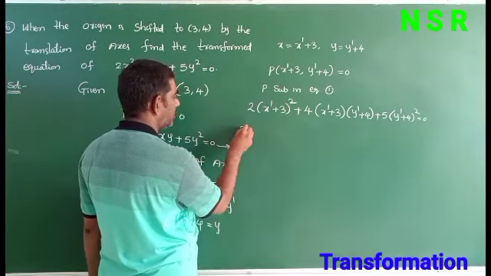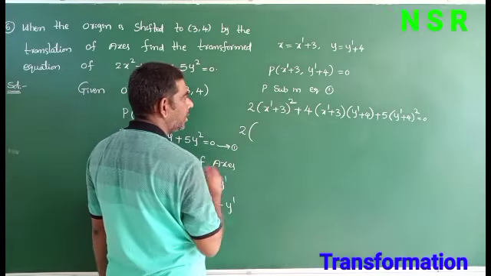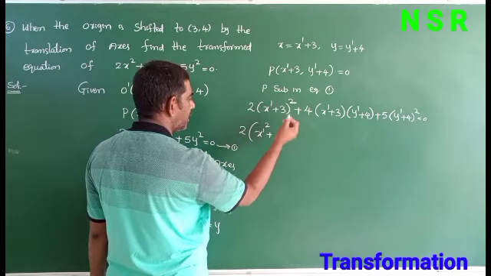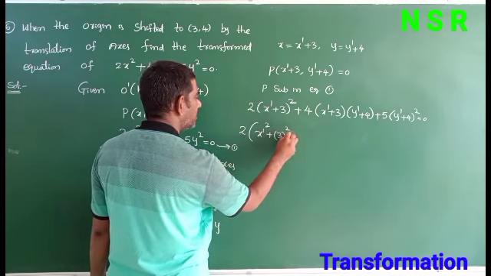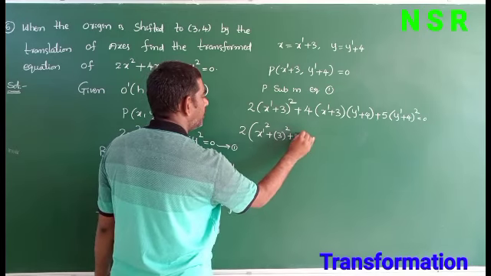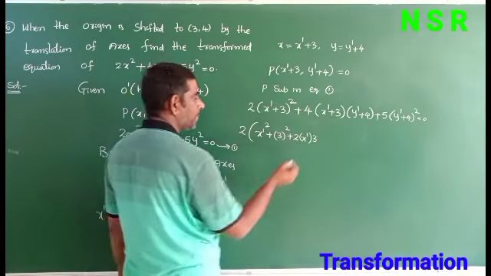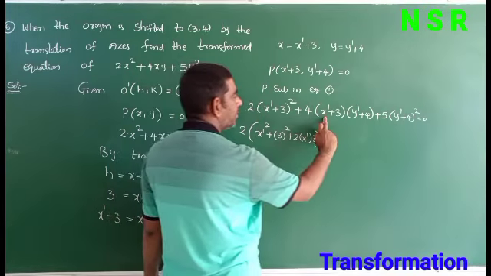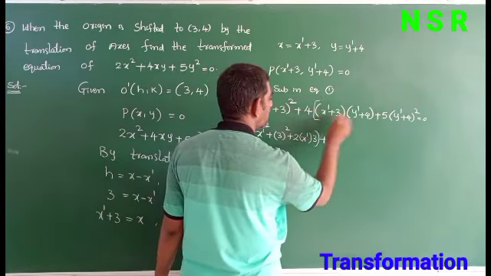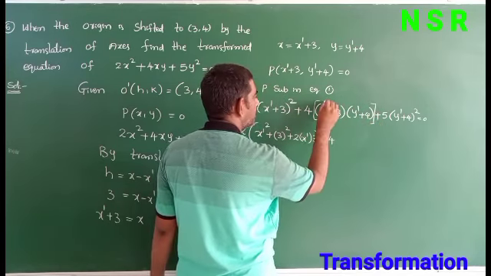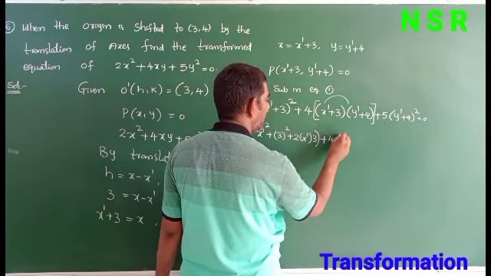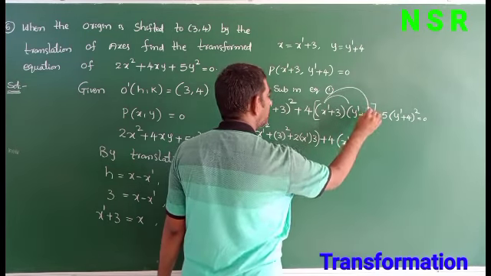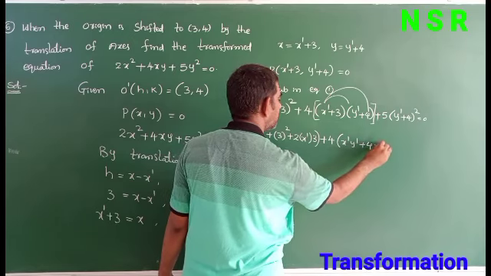Now simplify this. So here apply a plus b whole square formula: a square, x dash square, plus b square, 3 square, plus 2ab, 2 into x dash into 3, plus 4 into, so first multiply these two terms. So this is the x into y term. So first multiply x dash into y dash, x dash y dash. Now x dash into 4, 4x dash.